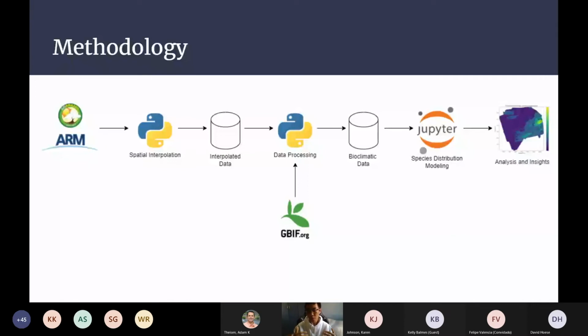Then through a join operation based on the keys of latitude, longitude, and date, we obtain a unique data set of bioclimatic data. In the next step, in the Jupyter notebook, the user can choose which species will be analyzed and the predictive variables that will be used in this SDM experiment.